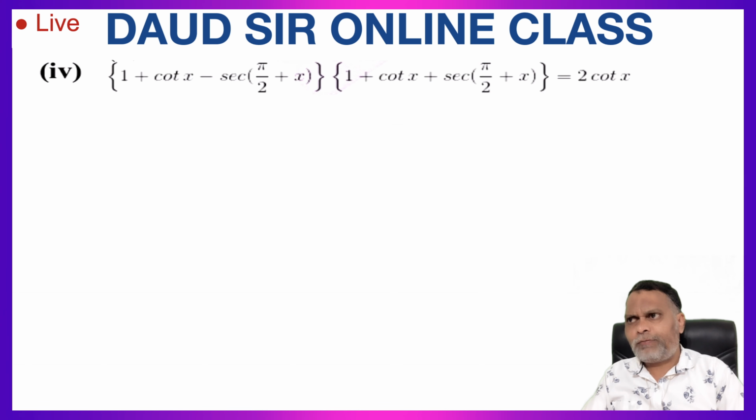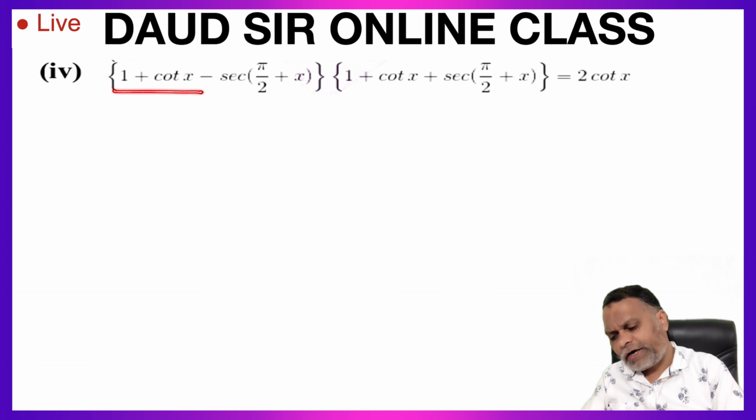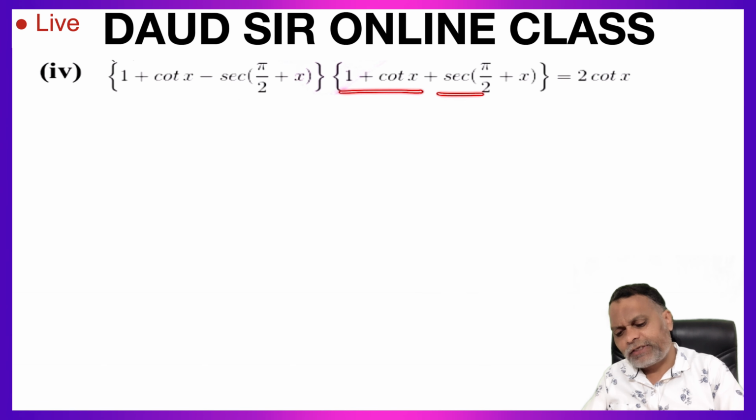Question number 3, part 4. Prove that (1 plus cot x minus sec(pi by 2 plus x)) into (1 plus cot x plus sec(pi by 2 plus x)) is equal to 2 cot x.